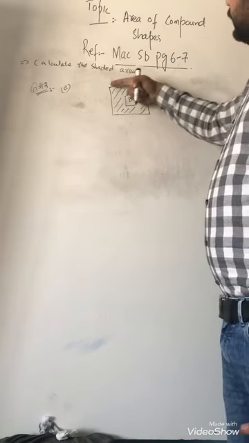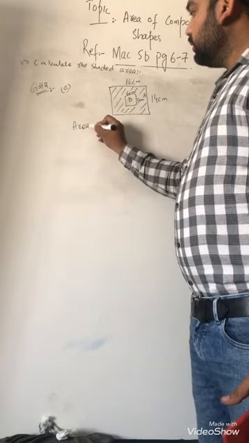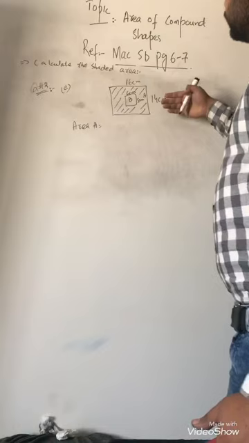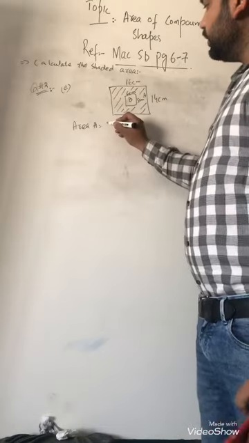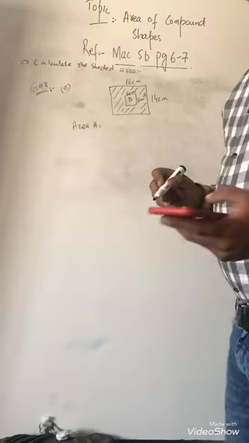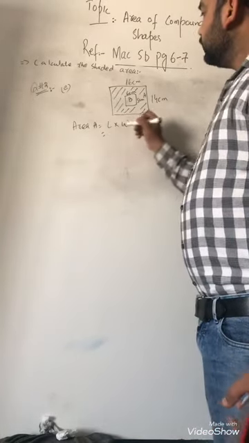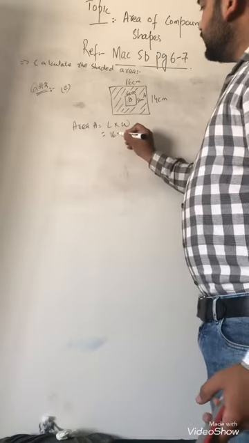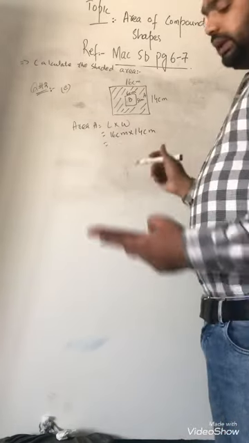First of all, we will calculate the area A. The values of the area A rectangle are 16 centimeter multiplied by 14 centimeter. The formula will be the same, length into width, that is 16 centimeter by 14 centimeter. We will multiply both of them.